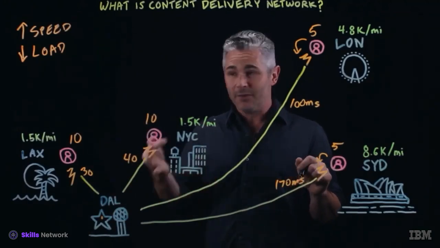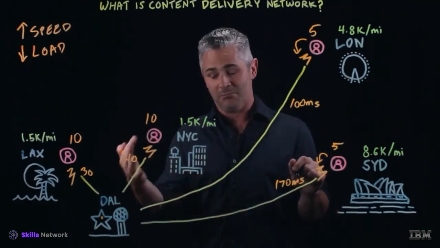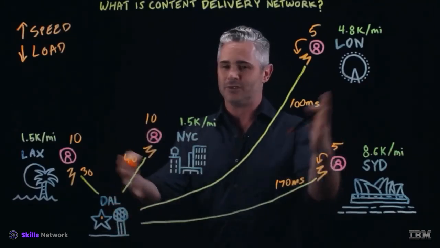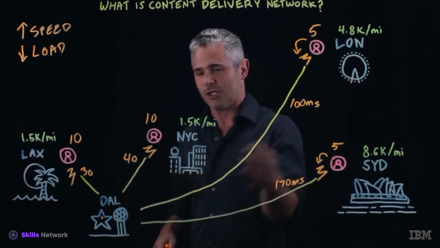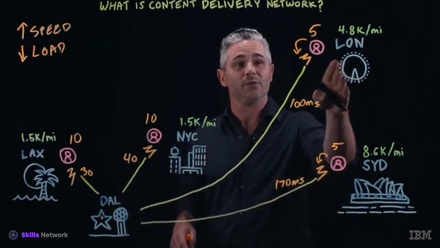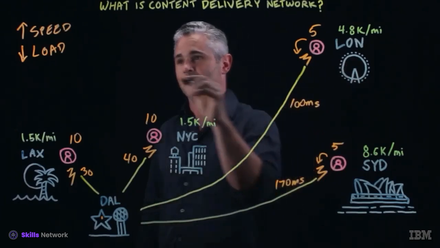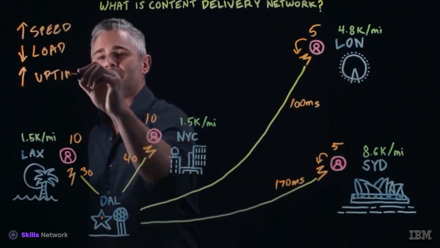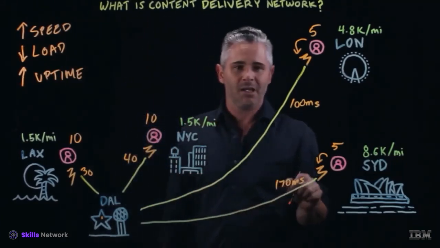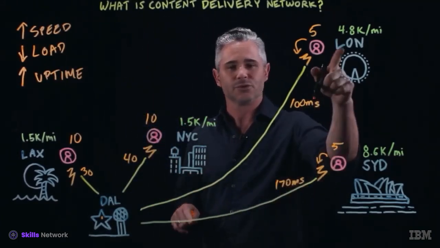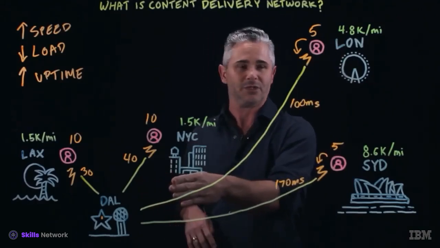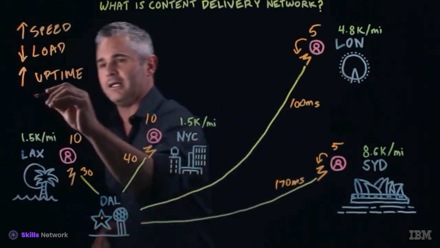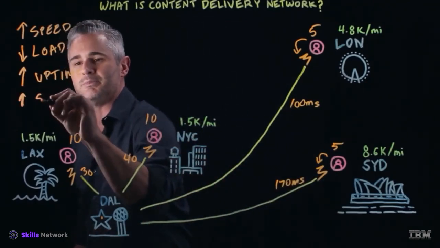Another indirect benefit: because there's so much less happening in Dallas, as all these users aren't having to make these trips, and I'm also not having to communicate with users so far away, the Dallas environment may also see an increase in uptime. And then lastly, because the users are not directly communicating with the servers down in Dallas, you have the indirect benefit of an increase in security through obscurity.